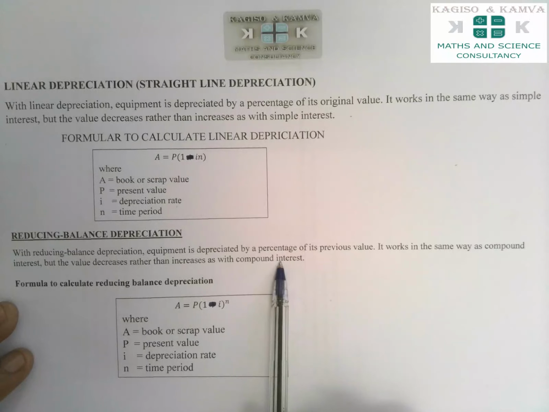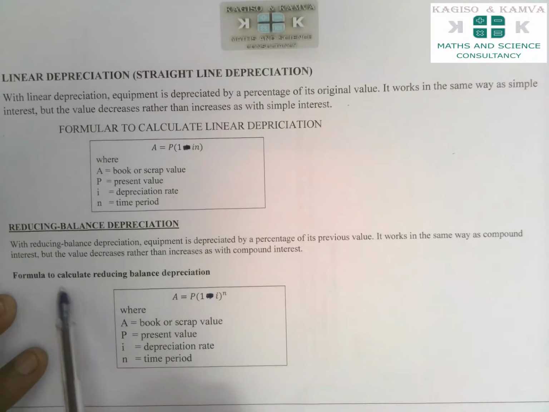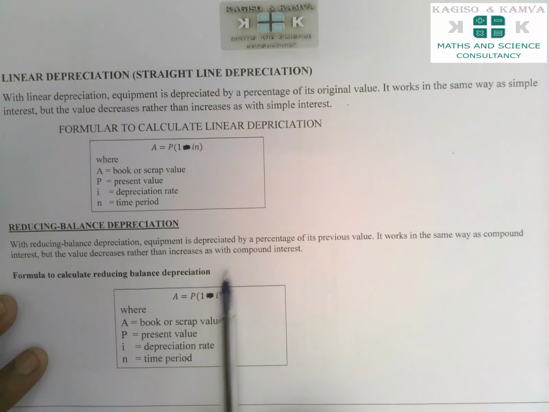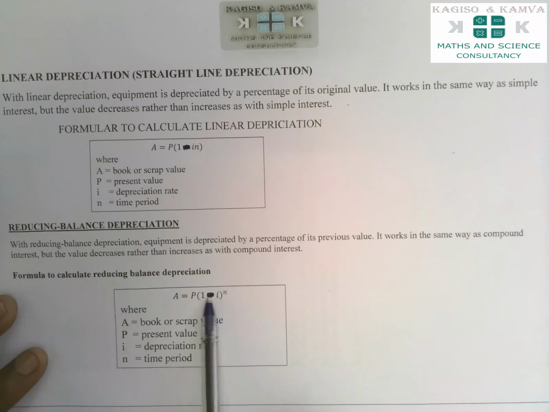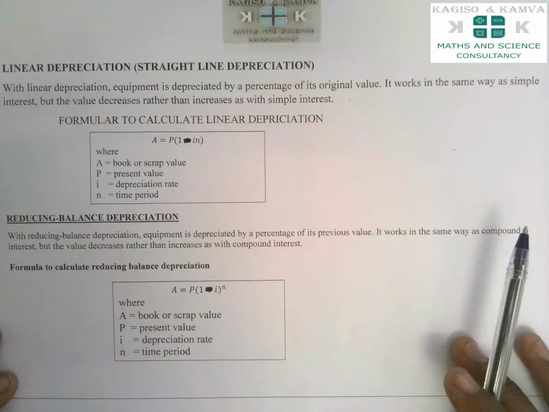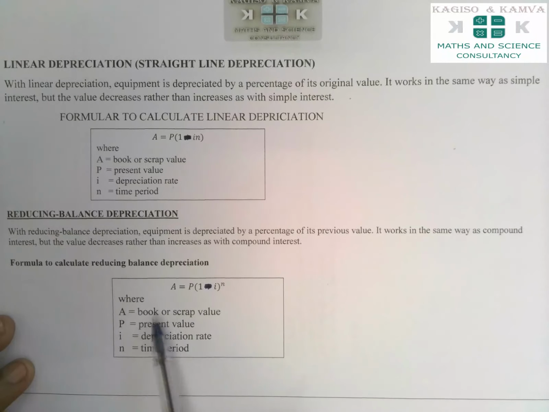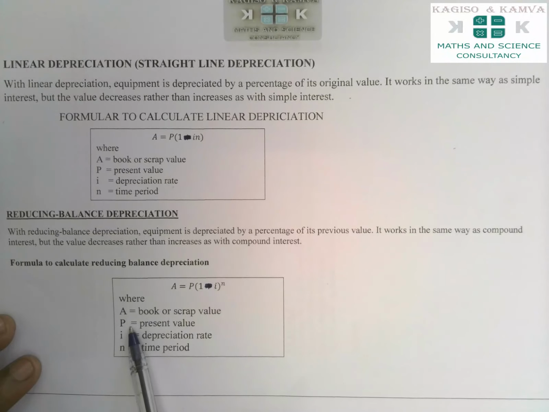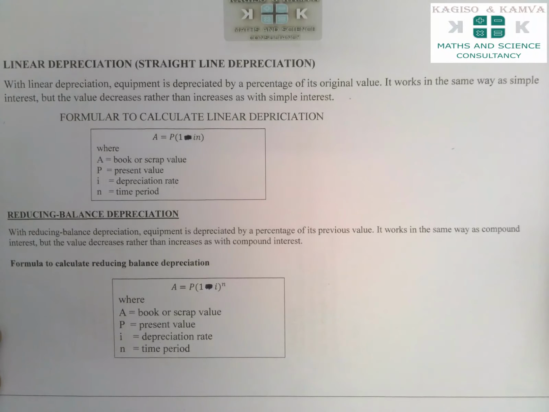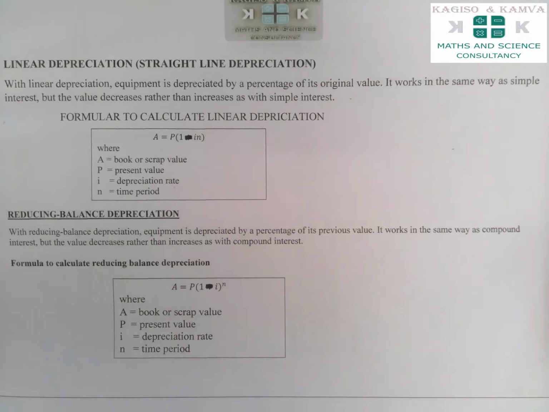The formula that we use to calculate the reducing balance depreciation is the same as that of compound interest, but this time we've got a negative. That means the value is now decreasing rather than increasing. A is also the book or scrap value, where P is the present value, I is the depreciation rate, and N is the time period.